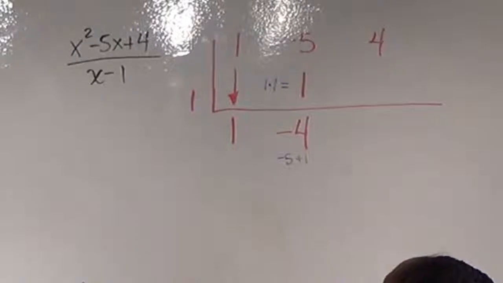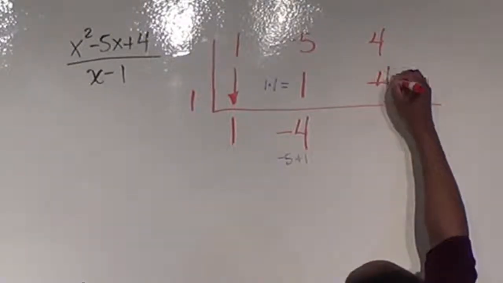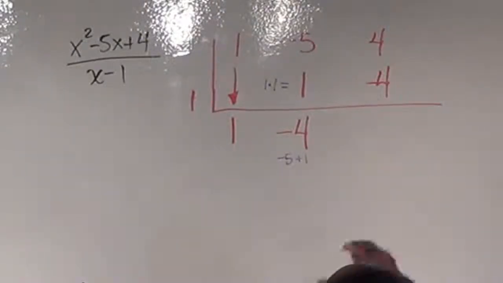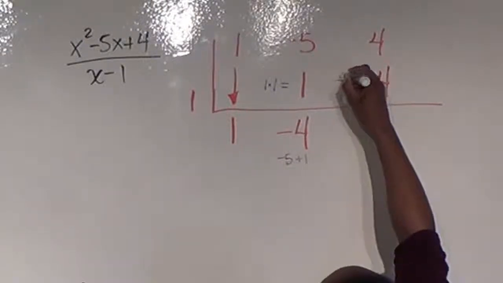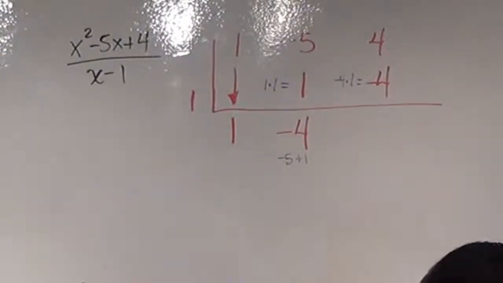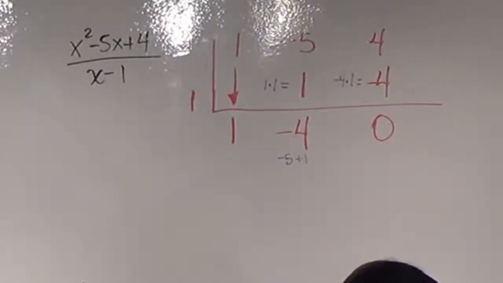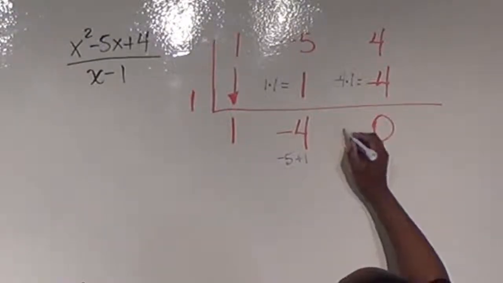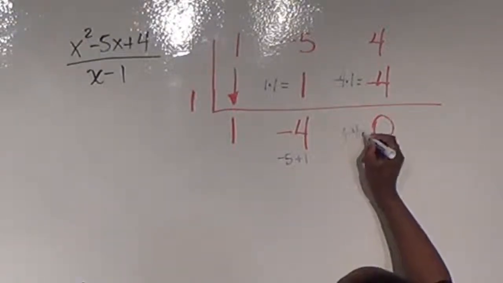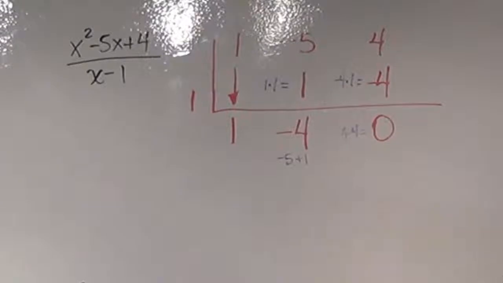I'm going to multiply by the divisor. So here we did negative 4 times 1 to get that term. And lastly, again, I'm just going to add to get the 0. So here again, this was 4 minus 4 to get that term.